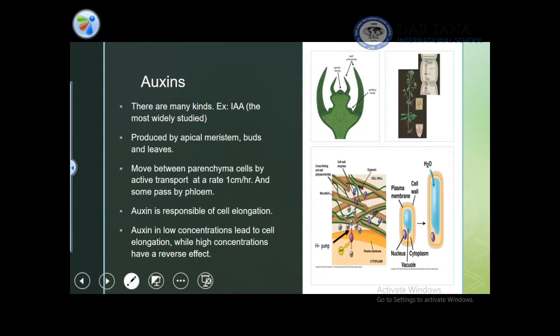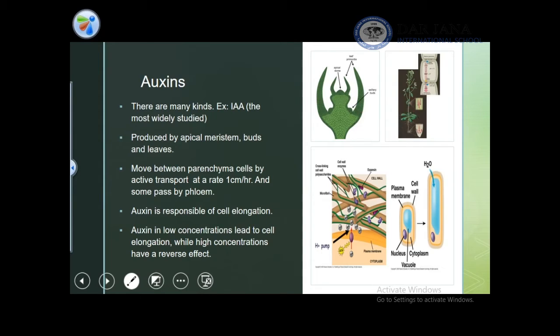Auxin is a hormone that is produced by the upper part of the plant, which is the apical meristem. We can see this is the apical meristem. The apical meristem cells produce auxin. We have another place where we can find auxins, which is the lateral buds on each branch. For example, we can identify here at each branch that we have the availability of auxin.